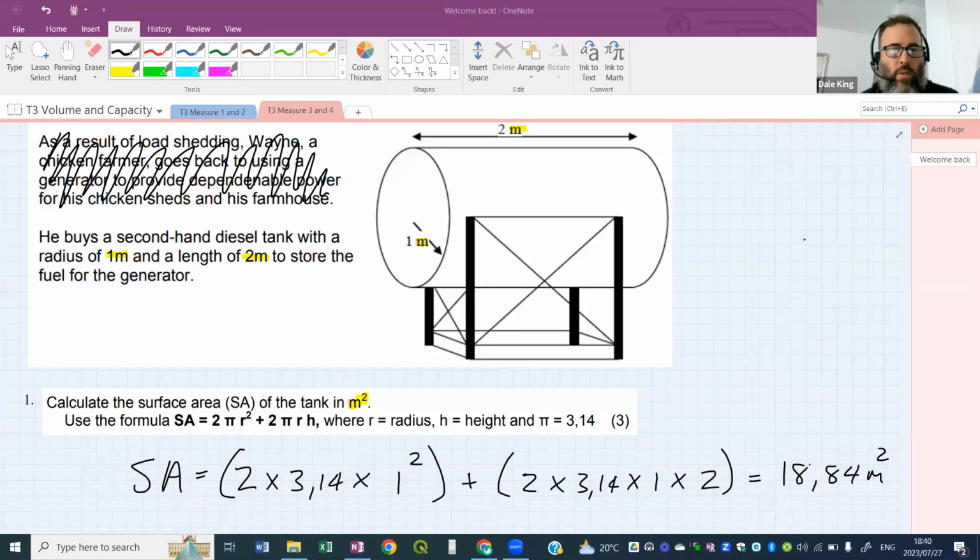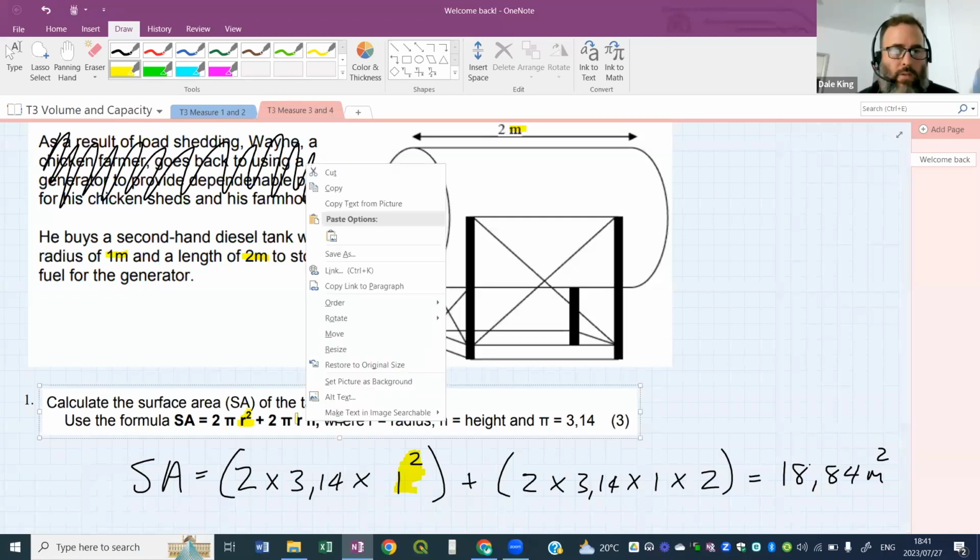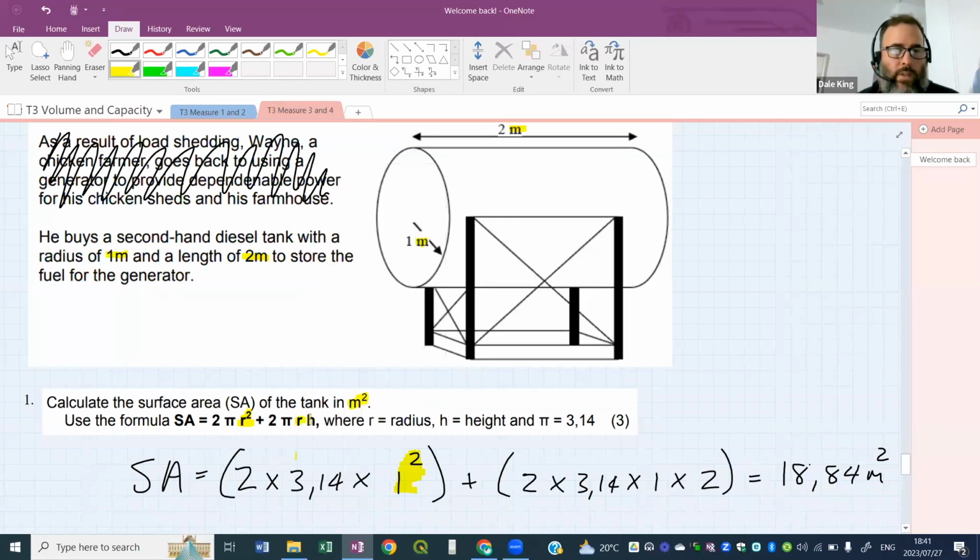Okay, so I'll tell you first of all why the radius is squared. If you look at the formula here, there in the formula is r to the power of 2, radius squared. So that's this part here in my equation. The radius is 1, so I put in 1 to the power of 2 there. This r here in the second half of the formula is this 1 here.